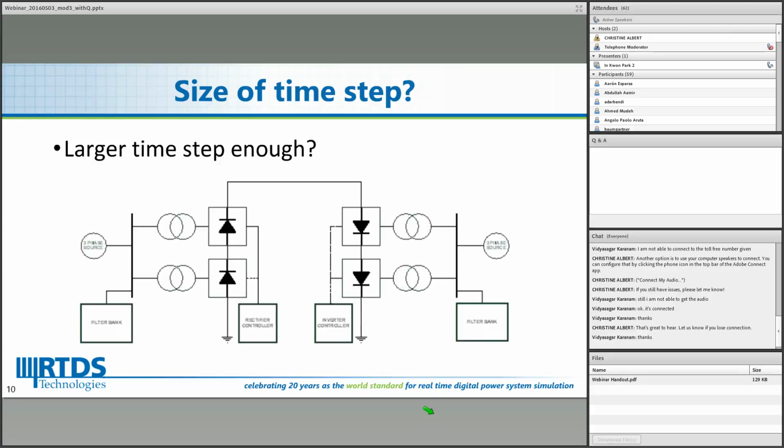And in the thyristor-based system, the gating signal or firing pulse comes to the switching device only once per cycle. So the switching frequency of the system becomes the same as your fundamental frequency, either 50 Hz or 60 Hz.